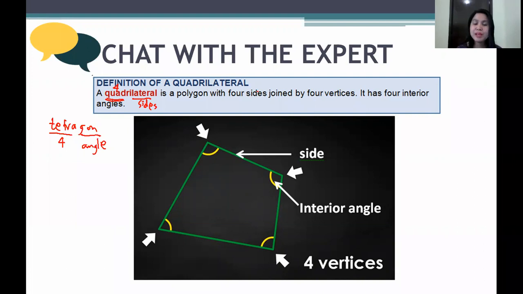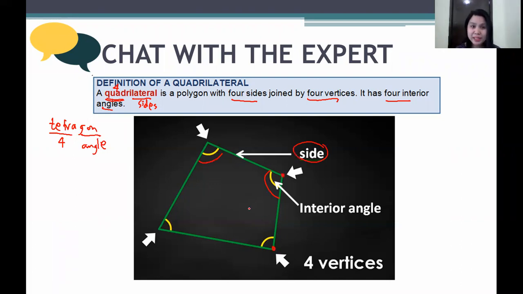Now remember, in a quadrilateral, there are 4 sides, 4 vertices, and 4 interior angles. In the drawing, the straight line is what you call the side. The angle formed by 2 sides inside is called the interior angle. And the point joining the 2 sides, we call it the vertex.